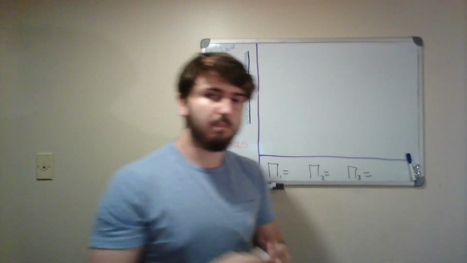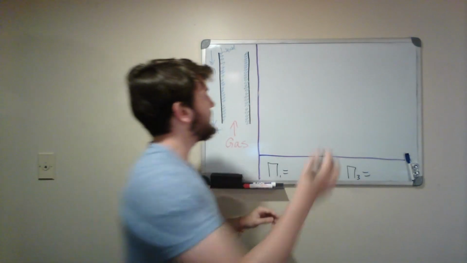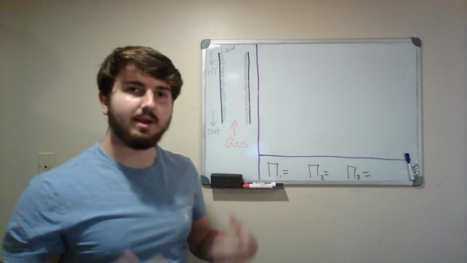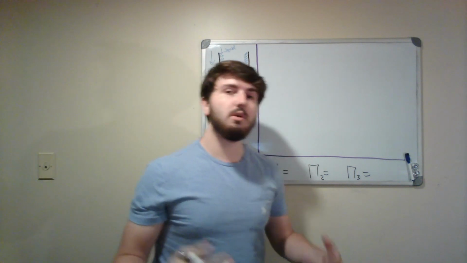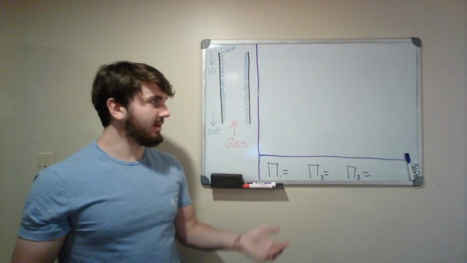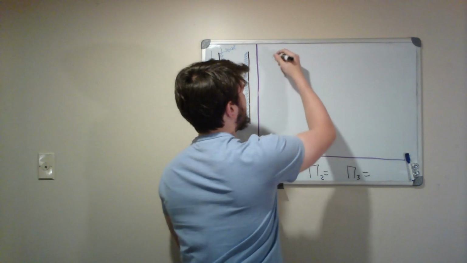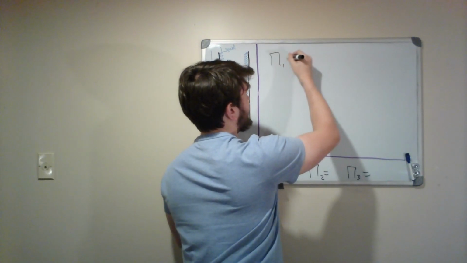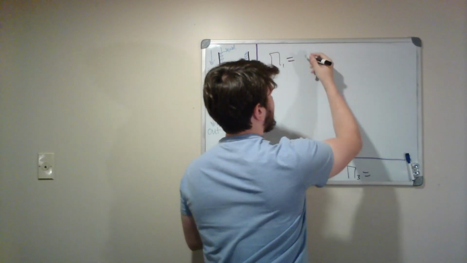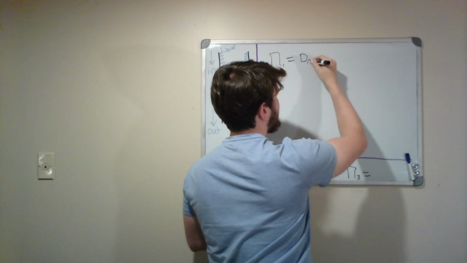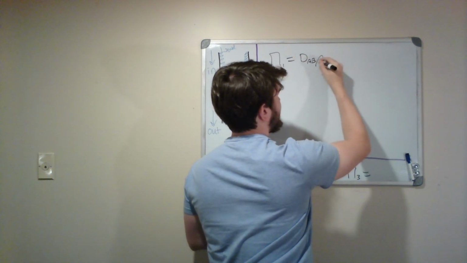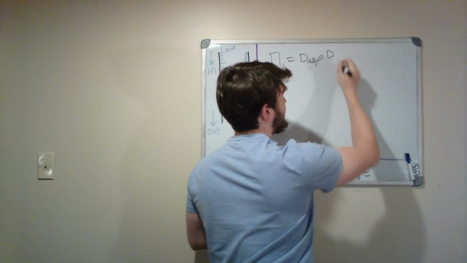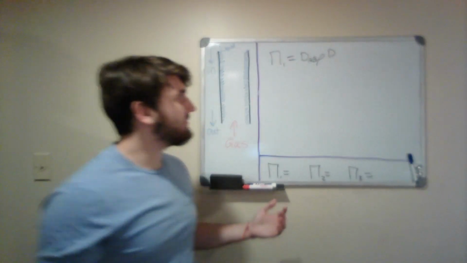We're going to start with pi 1. So pi 1, again, we have our core group as the density, the diffusion coefficient, and the diameter. So we have pi 1 is equal to, again, that core group, the diffusion coefficient, density, and the diameter. But we're going to add another variable to this.